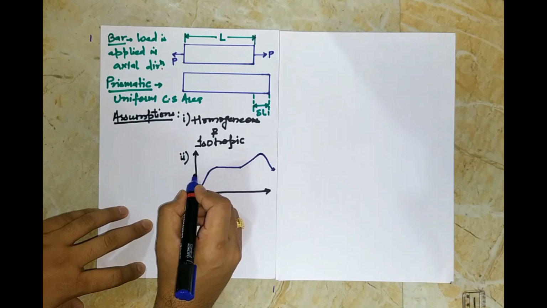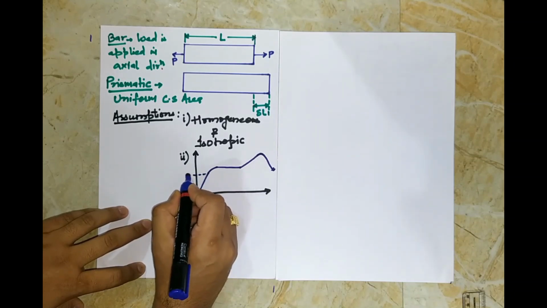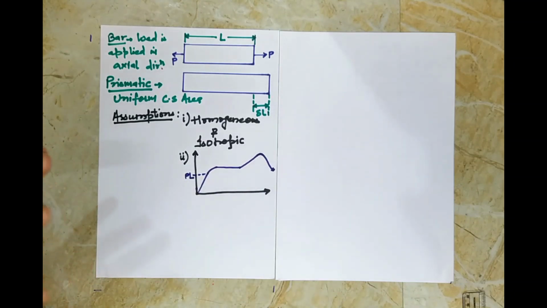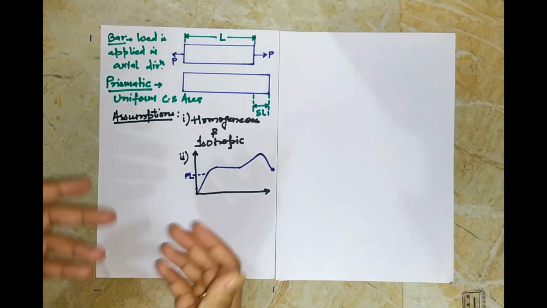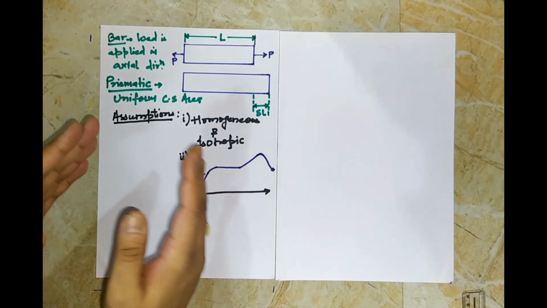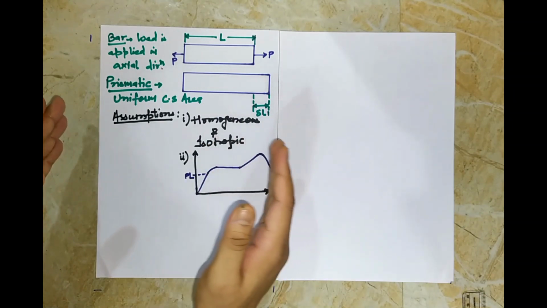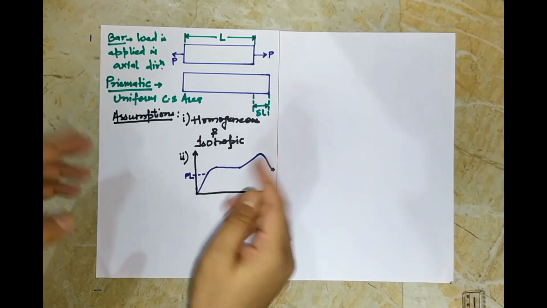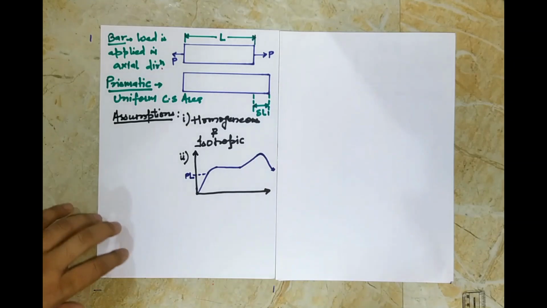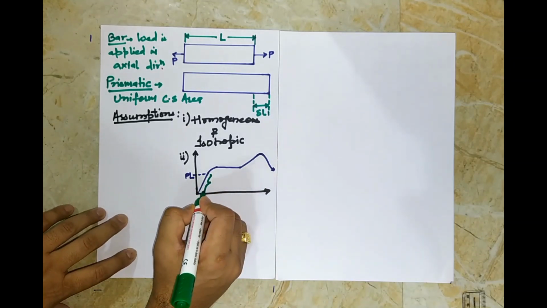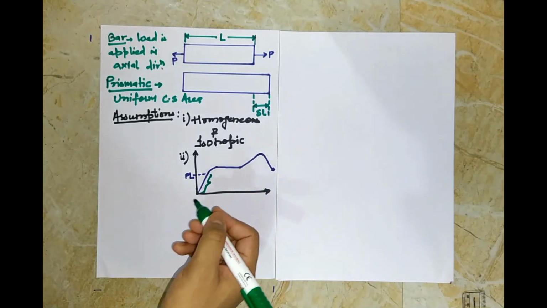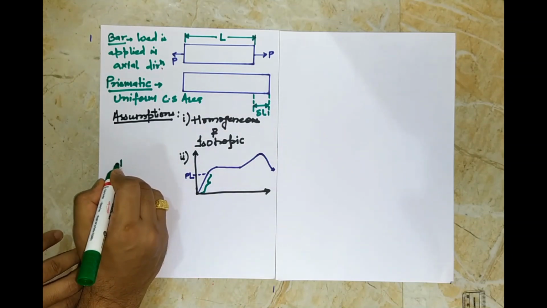Up to the proportional limit, the stress strain curve typically in case of mild steel follows the linear elastic curve. So we'll be elongating the prismatic bar such that it lies in the linear elastic region of the stress strain curve. By virtue of it being in the linear elastic region, Hooke's law can be applied.